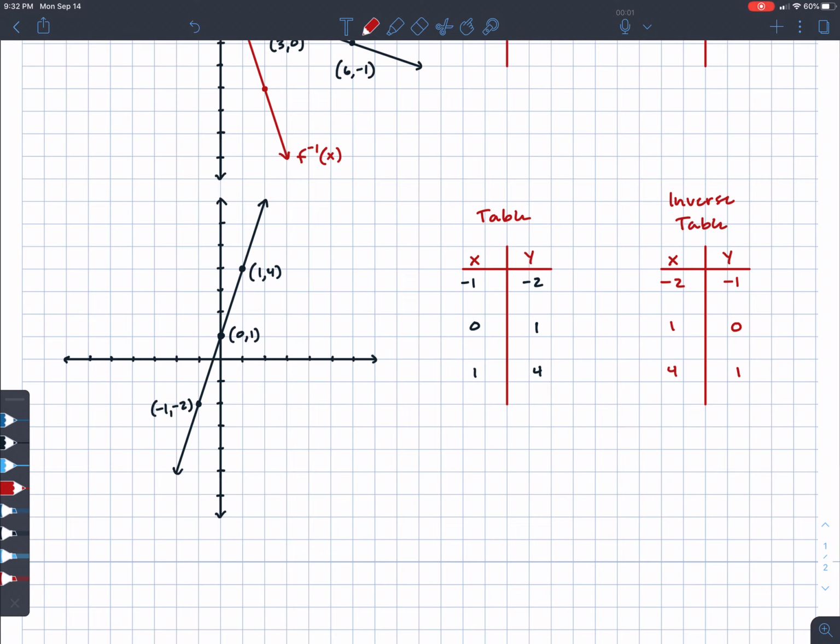Now that I have my inverse table, I'm going to go ahead and plot those points. Negative 2, negative 1, 1, 0, and 4, 1.